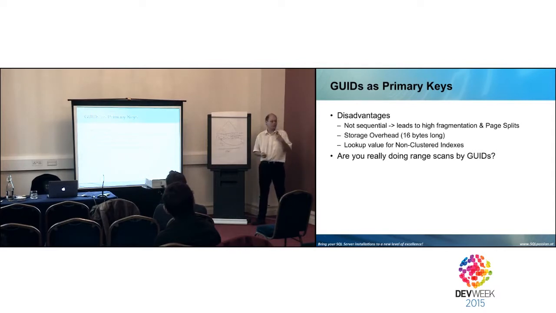For example, data warehousing, fact tables, you mainly cluster them on a date column because you're doing range scans on a date column. For example, I want to retrieve all my records for a specific year. We do not really do range scans on unique identifier values. I've never ever seen a business requirement which told me, please give me back all records where the technical ID starts with A. Okay?